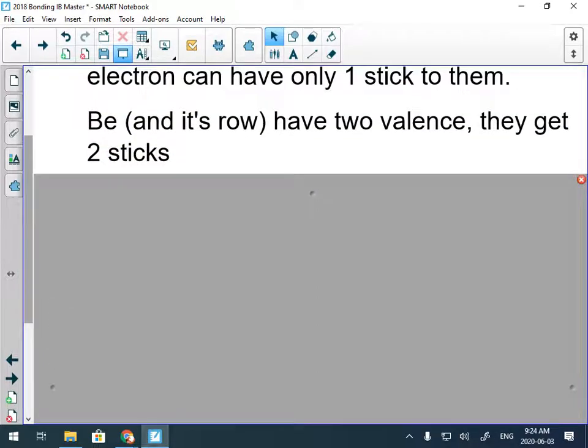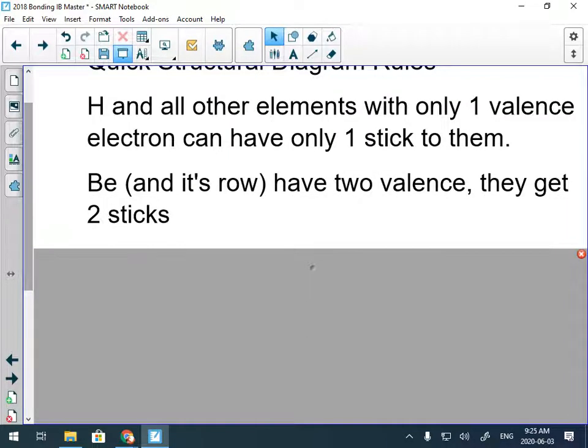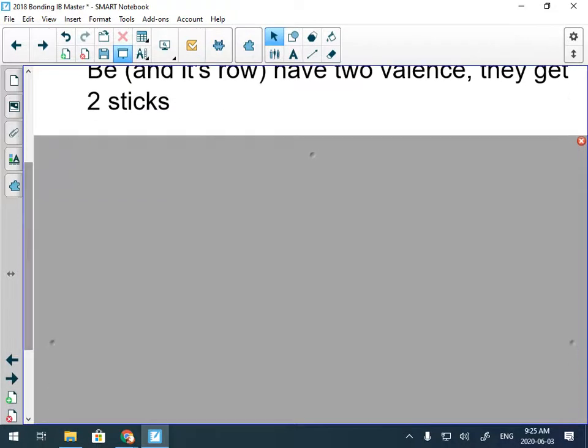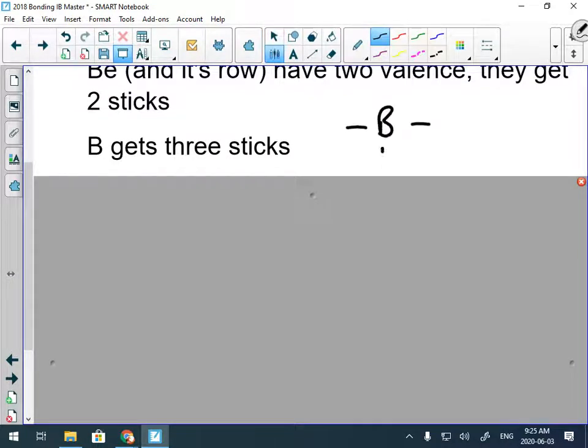Okay, so hydrogen and hydrogen's column can only have 1 valence to them. Beryllium and anything in beryllium's row, like magnesium and calcium, they get 2 sticks. Boron gets 3 sticks. So boron will always look like this. Now, you can have a double bond. You can have a double bond that counts as 1, 2, 3 sticks.